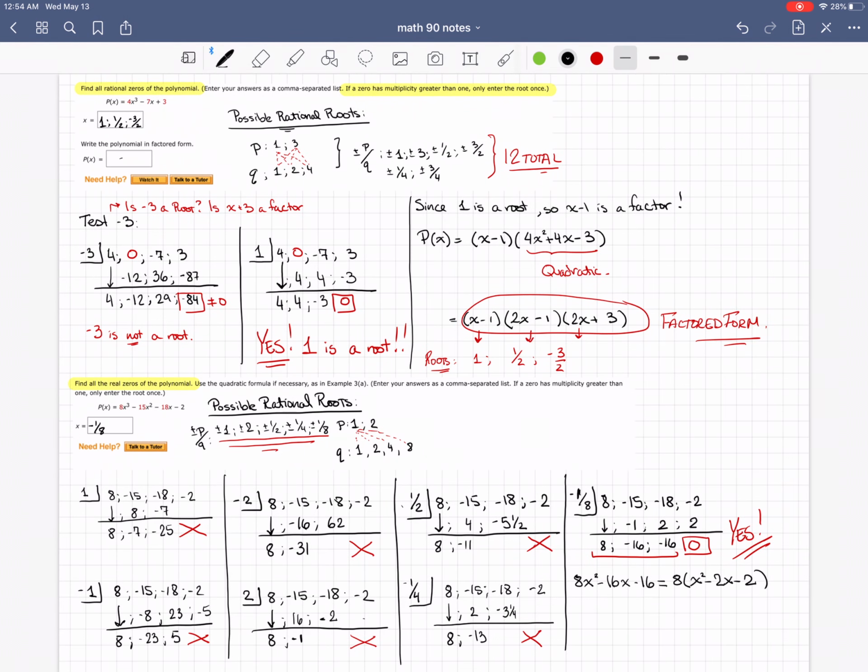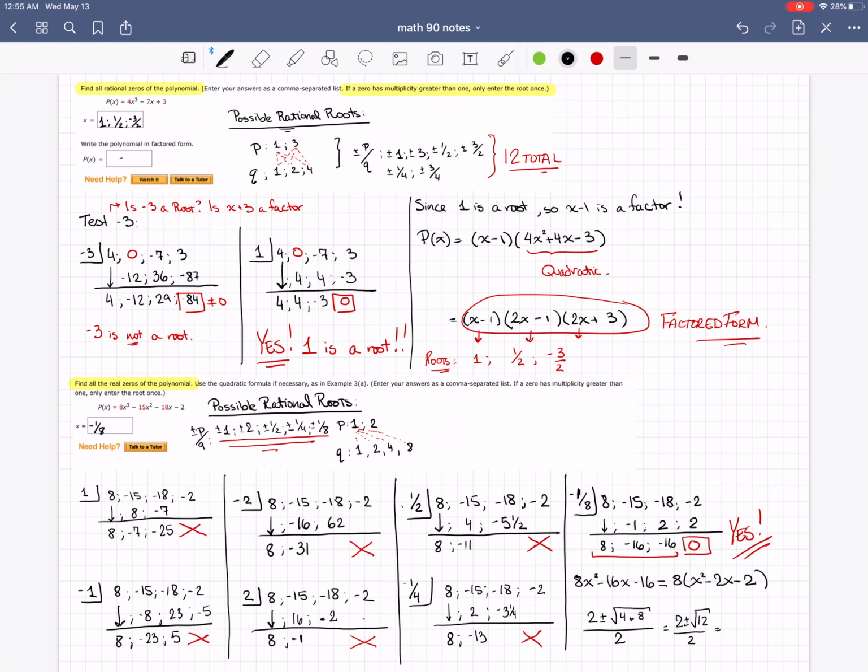So here I go. We have 2 plus or minus the square root of 2 squared minus 4 times negative 2 times 1. So that's 4 plus 8 all over 2. So that's 2 plus or minus the square root of 12 over 2.